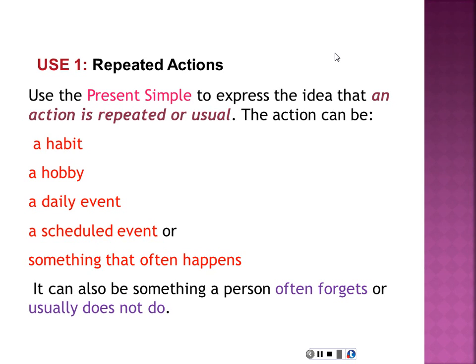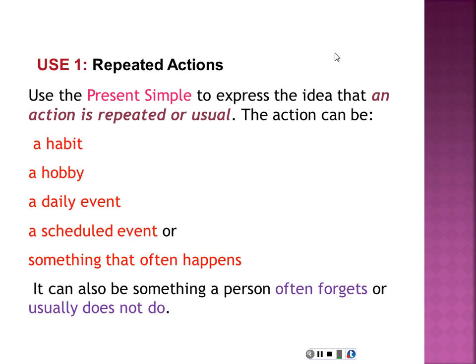The action can be a habit, a hobby, a daily event, a scheduled event, something that often happens.